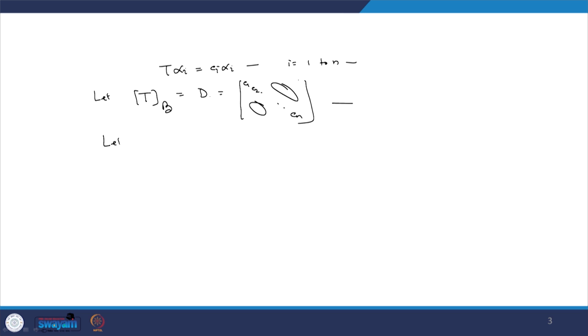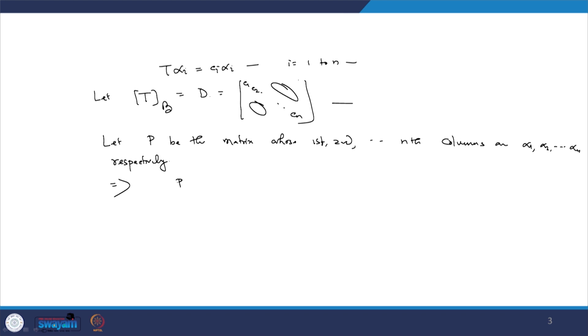Let P be the matrix whose first, second and nth columns are alpha 1, alpha 2 and alpha n respectively.